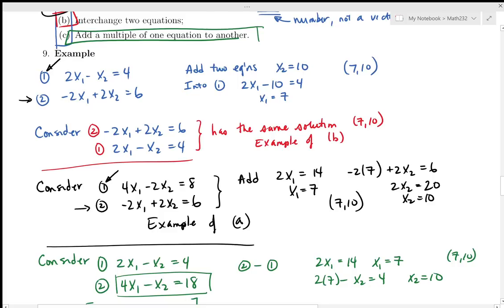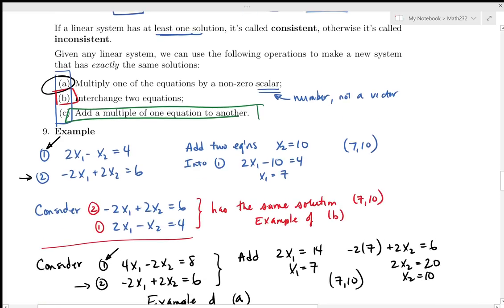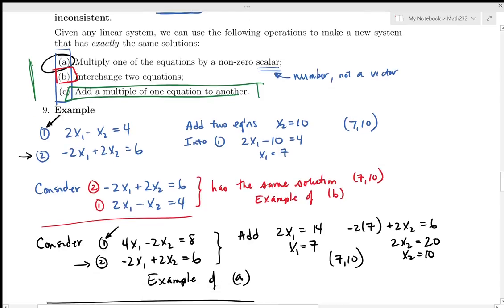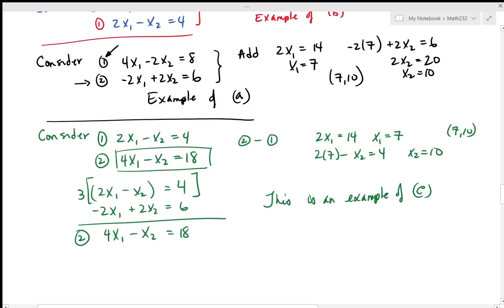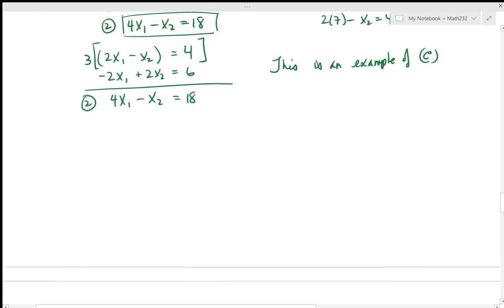It's by no means a proof, but I want you to be very clear that when I have a system of equations and I do A, B, or C here, I get what looks like another system of equations, but it has the same solution set. That's a big idea. We're going to use that all of the time. We can adjust using those 3 things without changing the solution set.